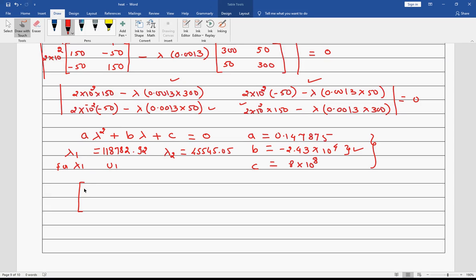So I write these values. I did also verify. Okay, I'm writing just two decimal places. You have to use more decimal places.